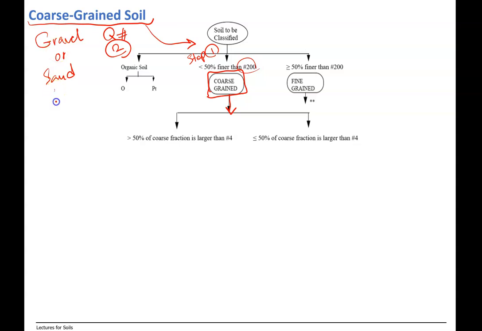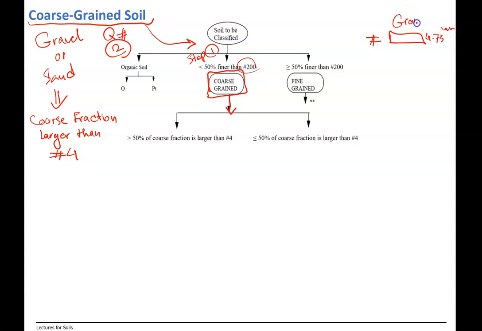In order to answer this question, we calculate coarse fraction larger than sieve number 4. And if you remember, sieve number 4 has an opening of 4.75 millimeters.